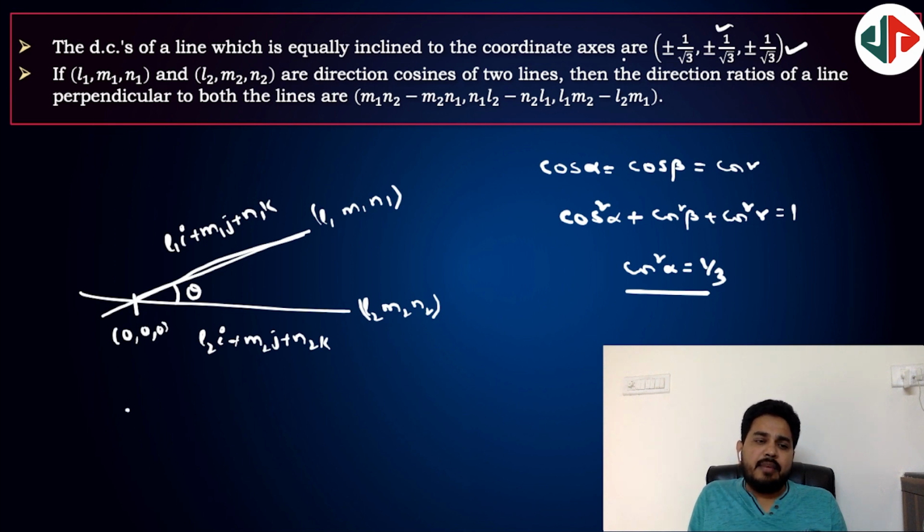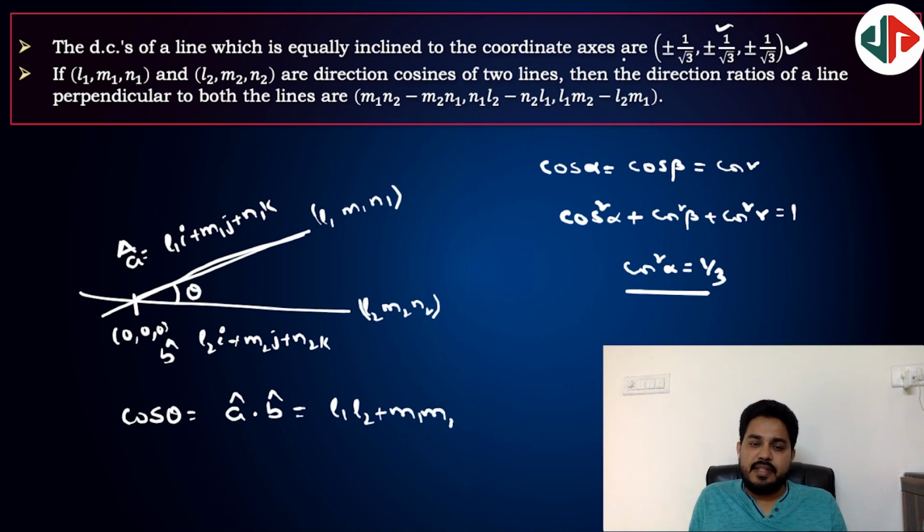So what is the angle between these two? If I say this is A hat unit vector and this is B hat, cos theta is equal to A hat dot B hat, that is L1 L2 plus M1 M2 plus N1 N2.